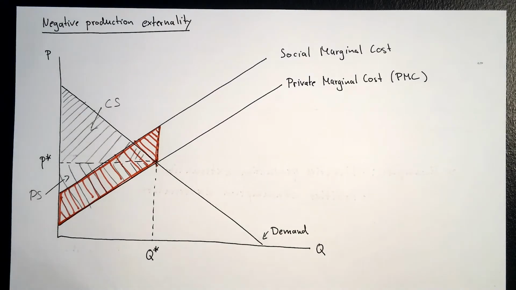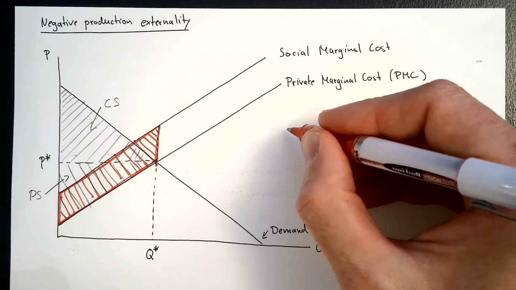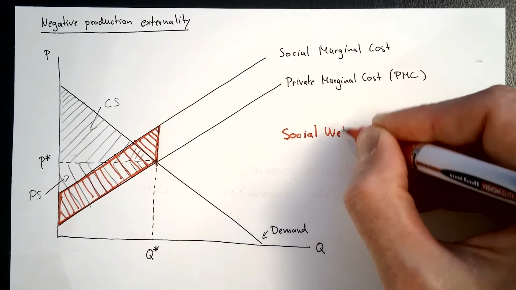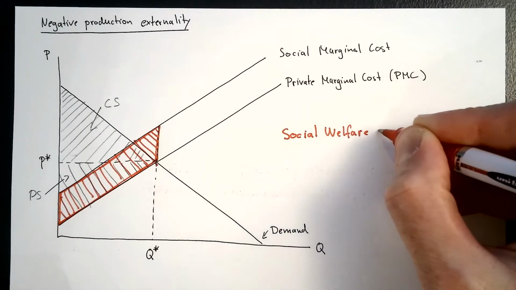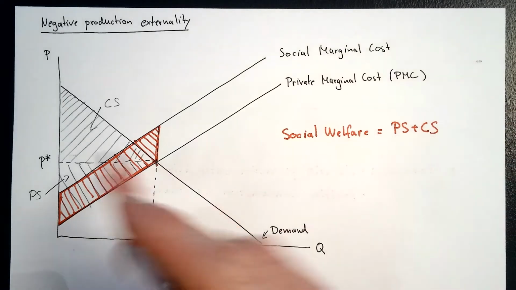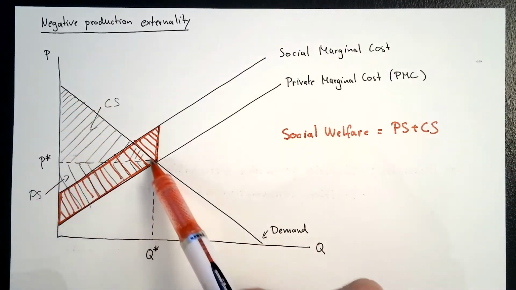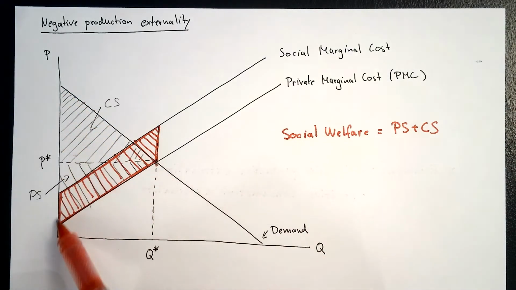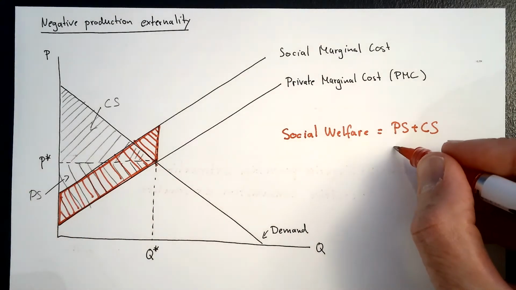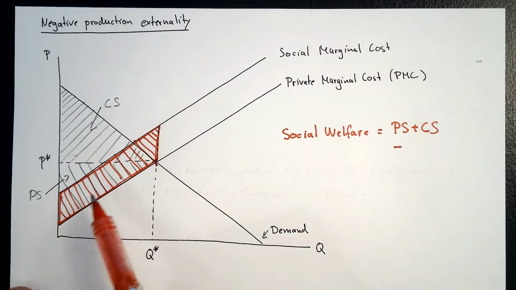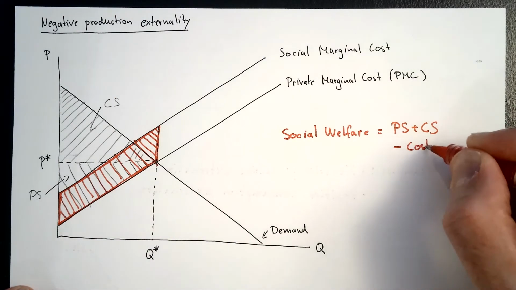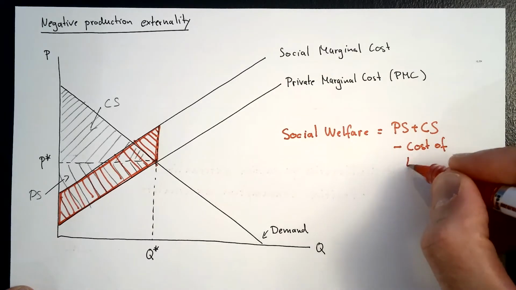If you're thinking about social welfare here, which is usually the sum of producer surplus plus consumer surplus, so it would be the consumer surplus plus the producer surplus. But now in this case, we have to subtract the cost associated with the externality. Let's just call this the cost of externality.